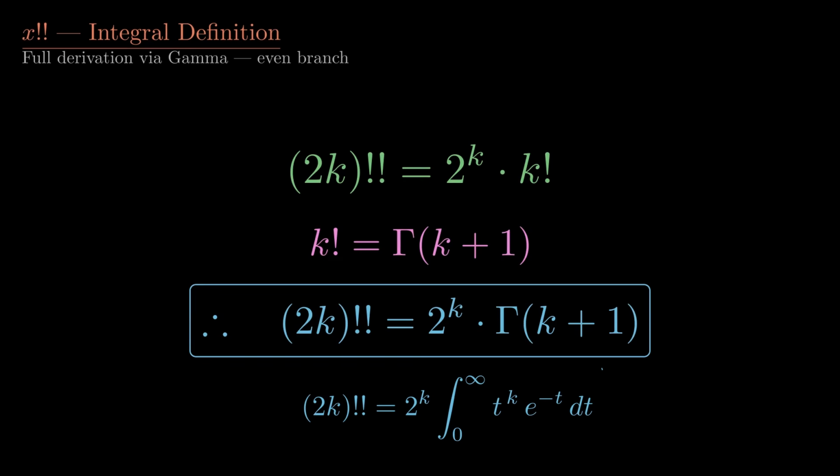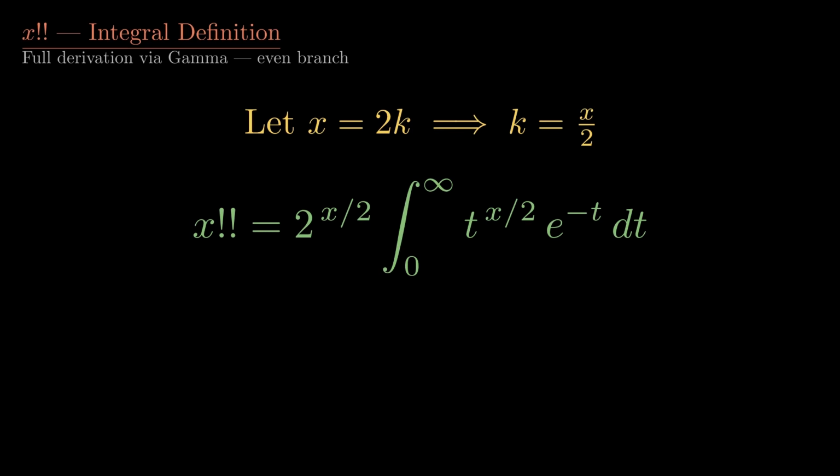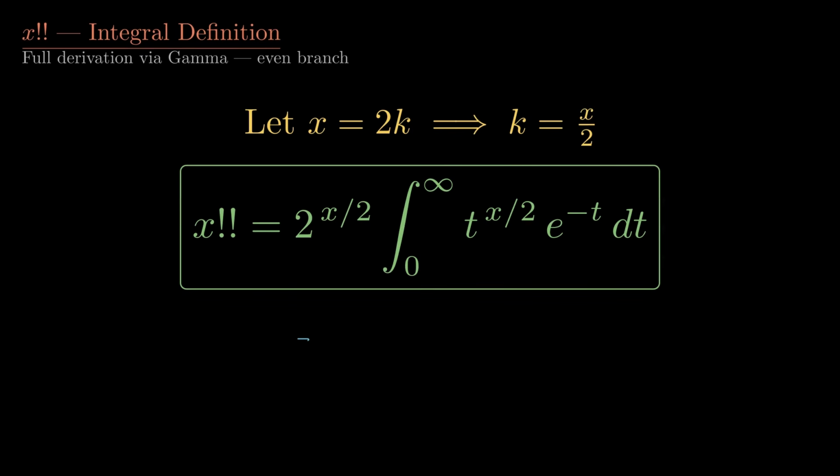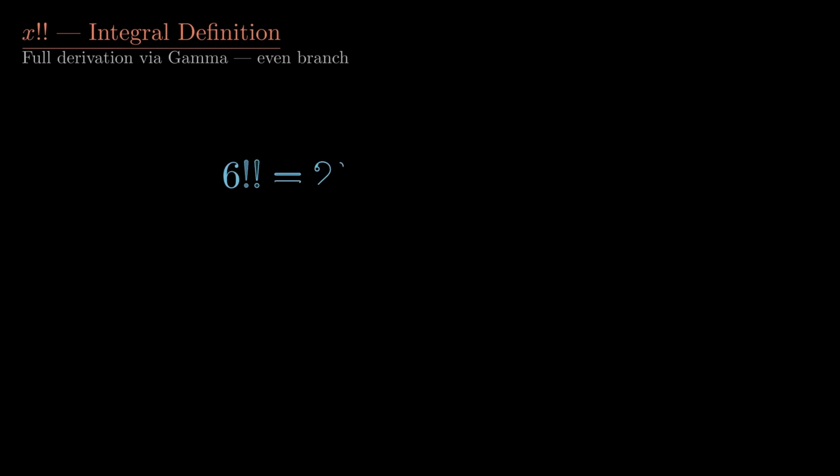To finalize the definition for any even x, we set x equal to 2k. This reveals our general continuous form. x double factorial equals 2 to the power of x over 2, multiplied by gamma of x over 2 plus 1. We can verify this formula with a few examples.